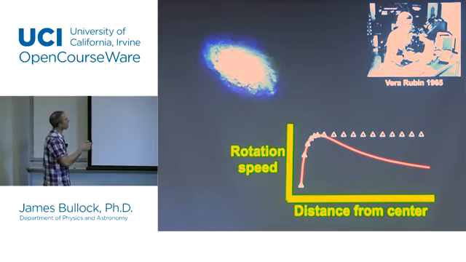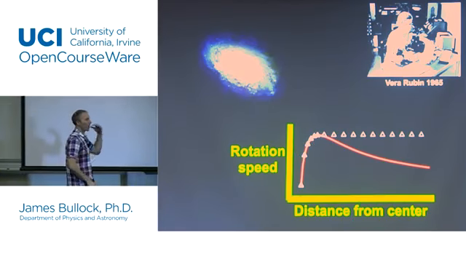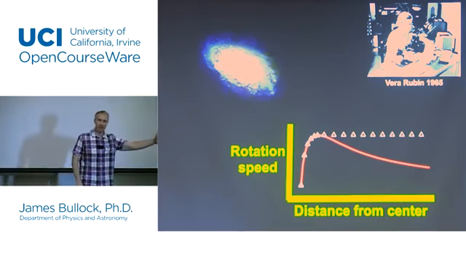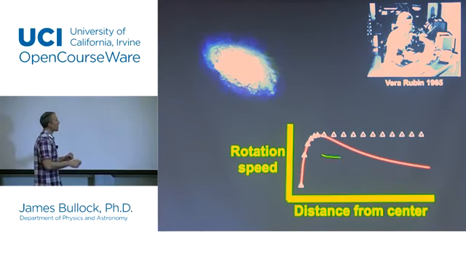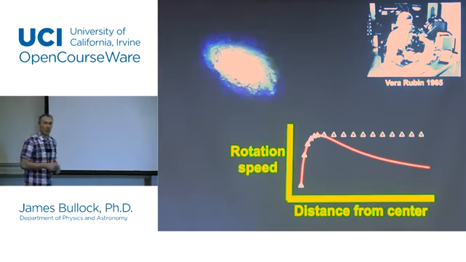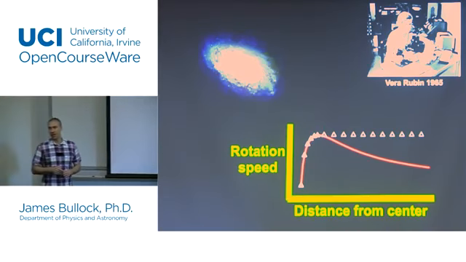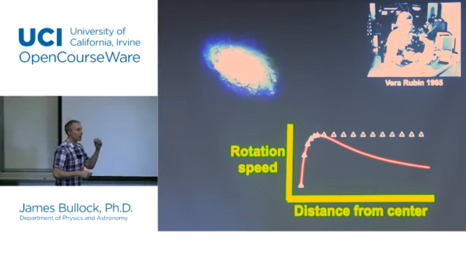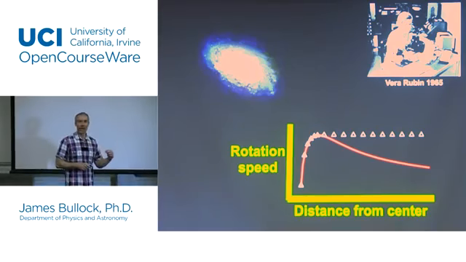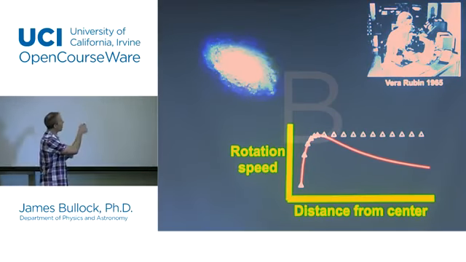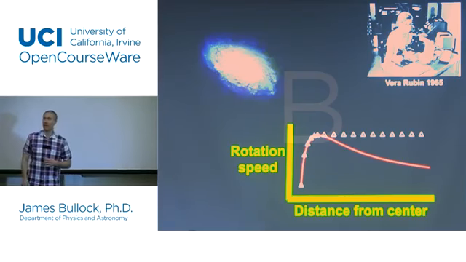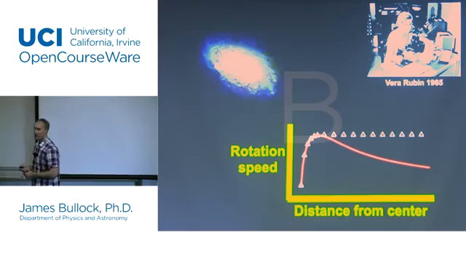What she observed was that as she went out in the galaxy, things kept spinning just as fast. This was very weird, because this should not happen if the mass traced what we saw going on with the light. And she saw this again and again. As we look at more and more galaxies, we see this continuously. Every big spiral galaxy we look at, if we go out far enough in its rotation curve, we see that there's missing mass there.